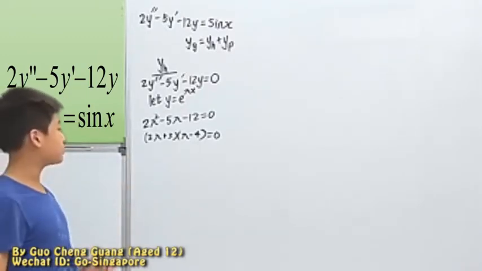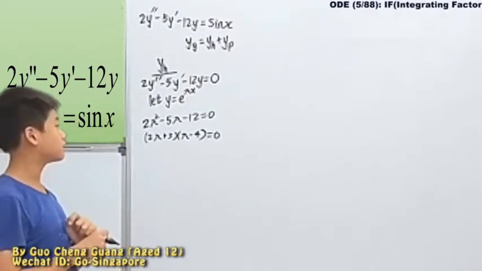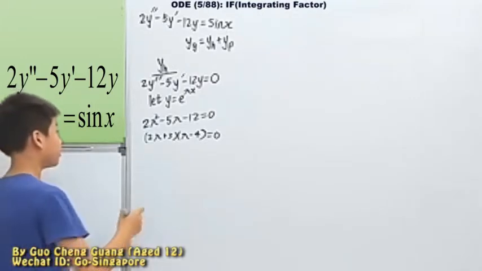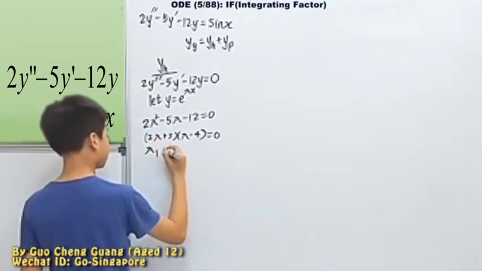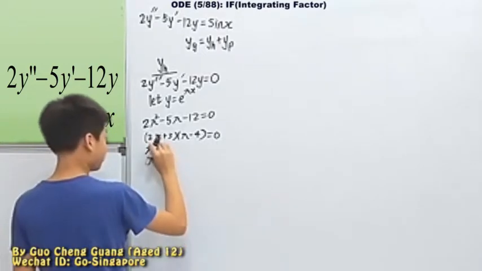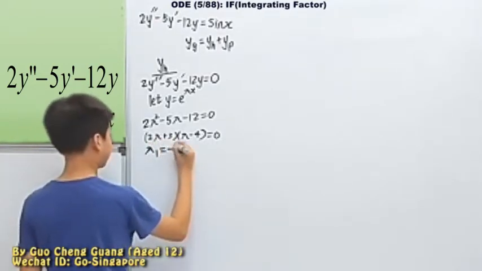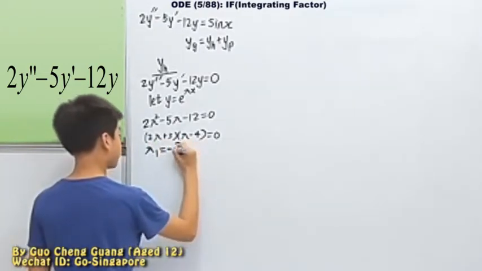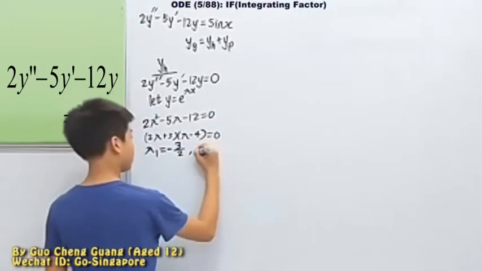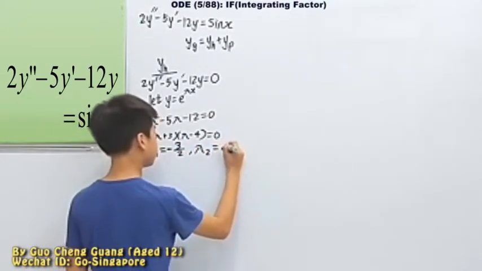So this is 2 lambda plus 3 times lambda minus 4. That means the first root is negative 3 over 2, and the second root is 4.